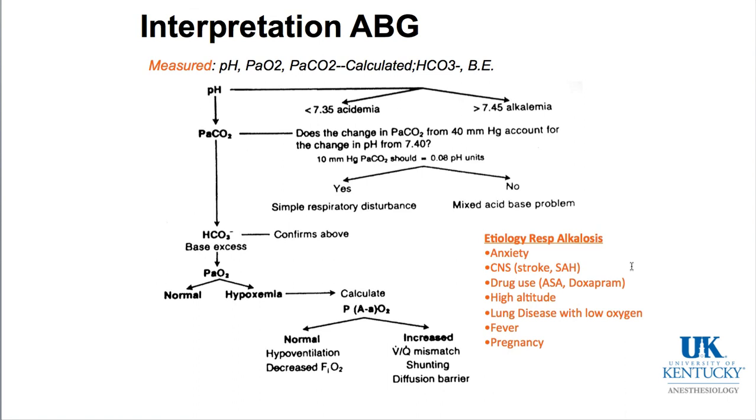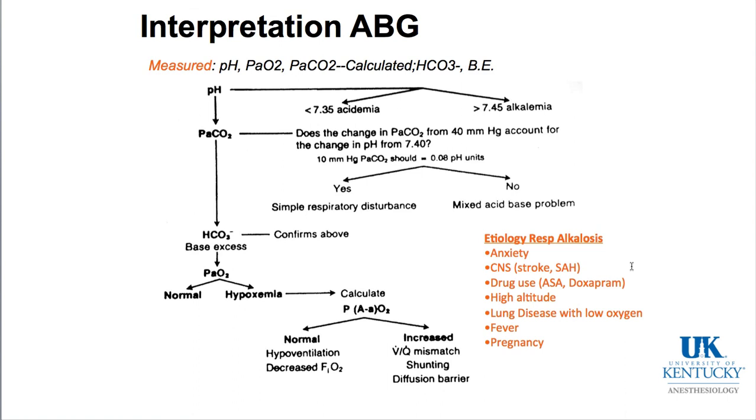For example, a change in CO2 of about 10 should change the pH about 0.08 to 0.1, i.e., if your CO2 went up 10, respiratory acidosis, your pH should go down approximately 0.08, so 7.4 to 7.32. And if that relationship is true, it's a simple respiratory disturbance, respiratory acidosis or respiratory alkalosis. If not, it is a mixed acid-base disorder.